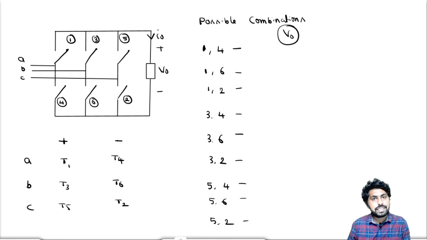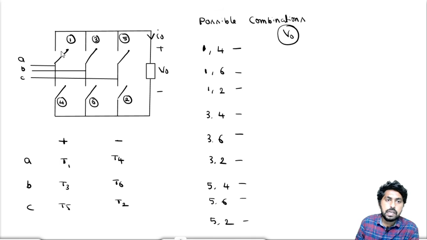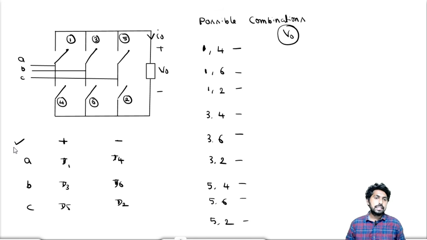If it is a thyristor, in addition to forward bias, we need to supply the gate pulse, and then it will be in the on condition. The positive group of switches are D1, D3 and D5, and the negative group are D4, D6 and D2. Now this is the simplest form of the circuit.